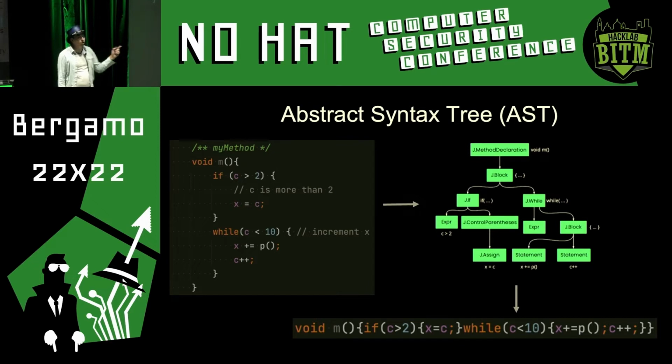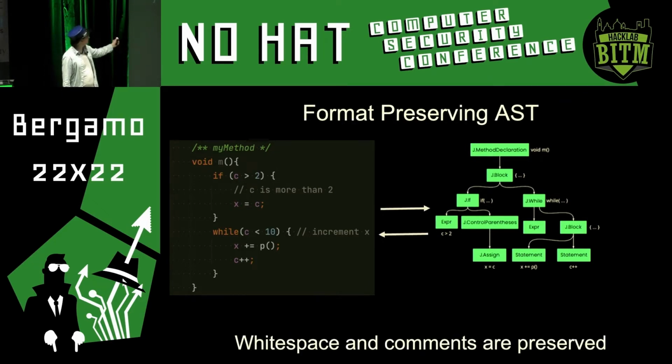And so what OpenRewrite unlocks is that it lets you preserve that white space, tabs, and stuff like that. And so you can transform back and forth between the AST that OpenRewrite has and the source code that was originally the source. This is the problem that I was trying to solve with that regular expression earlier.